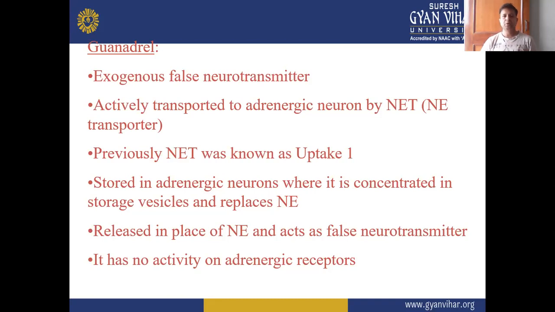It is stored in adrenergic neurons, where it is concentrated in storage vesicles and replaces norepinephrine. It is released in place of norepinephrine and acts as a false neurotransmitter. It has no activity on adrenergic receptors.